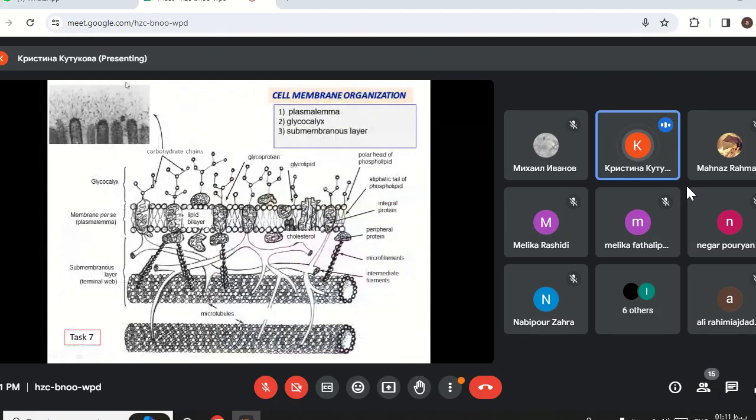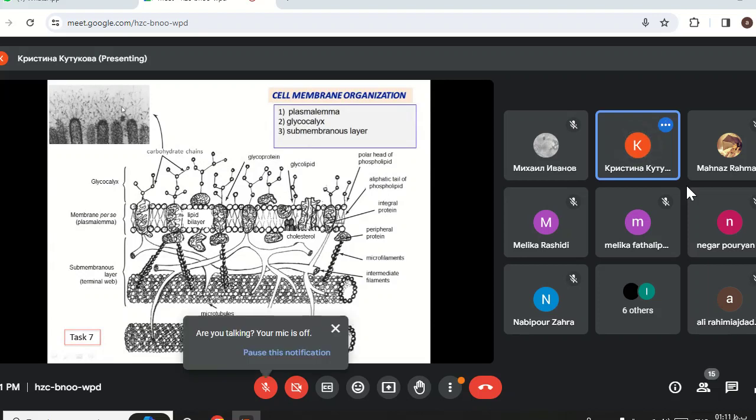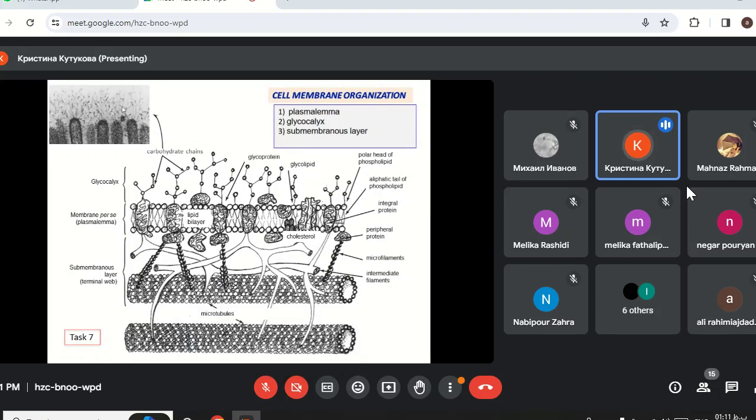It's the same as in this picture, and in this case some of the molecules of the glycocalyx are not carbohydrate chains, but protein molecules, and these proteins are enzymes which help to break down the dimers of food, for example dipeptides, into monomers such as amino acids.